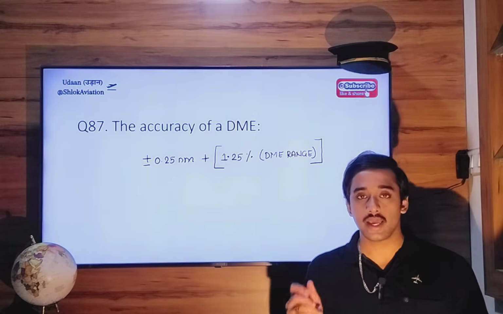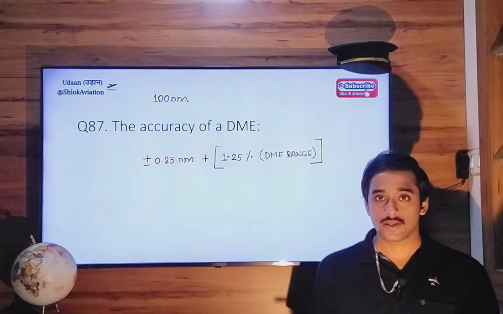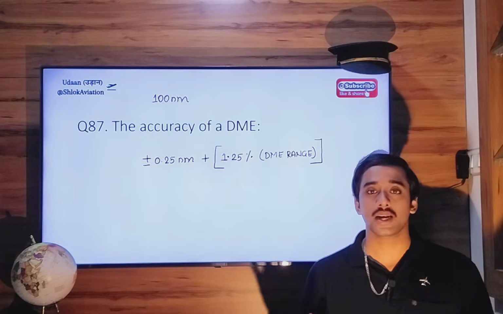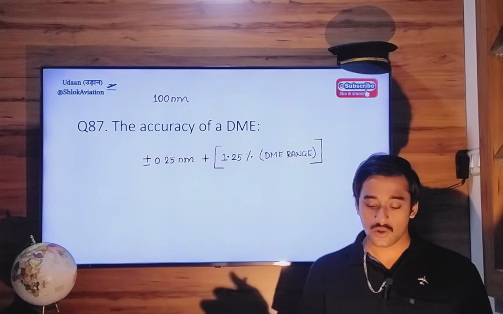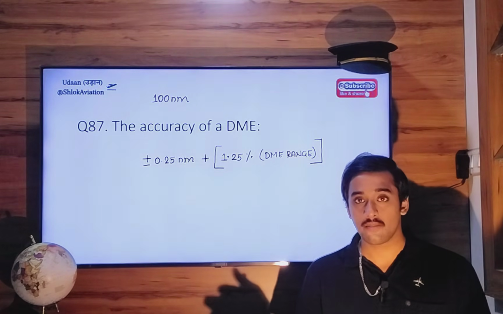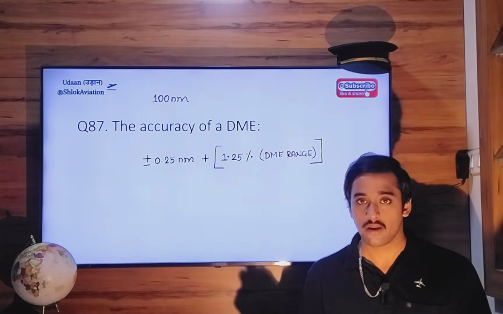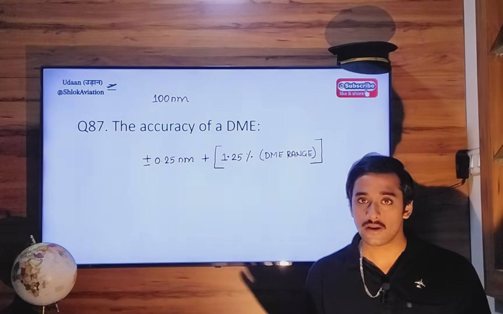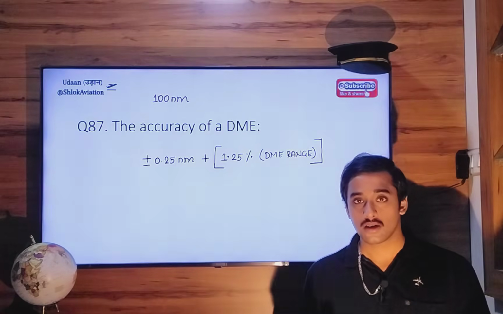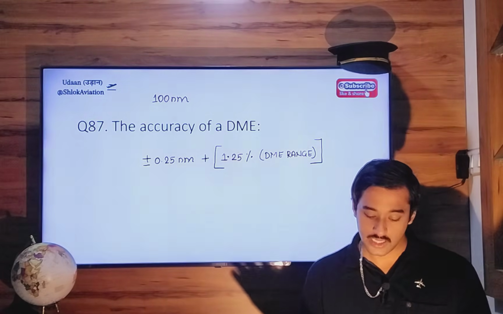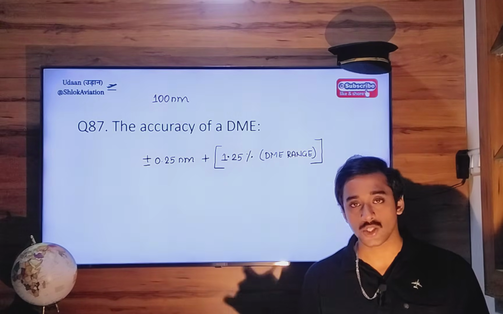For example, the DME indicator shows you are 100 nautical miles away. Okay, your real distance is 100 nautical miles from the DME station on the ground. So the indication given to you by the DME indicator on board must be accurate, 100 miles, but there is some room of error allowed, and that error is plus minus 0.25 nautical miles plus 1.25 percent of the DME range.